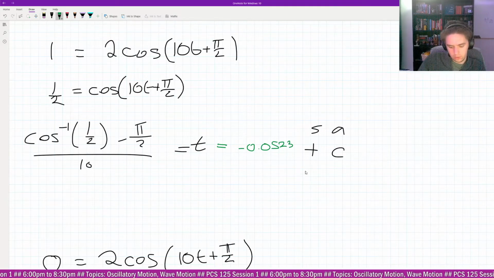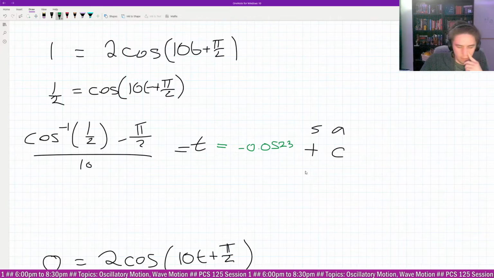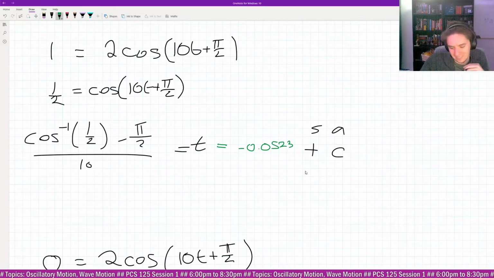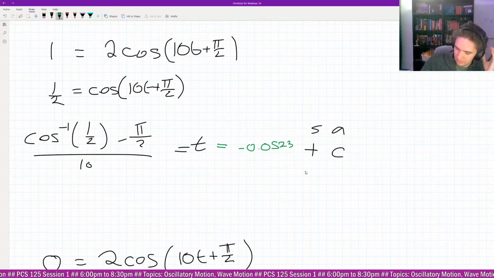So then if you do 3 pi over 2 minus pi over 2, and then you divide that by 10, and then I get 0.314 seconds.